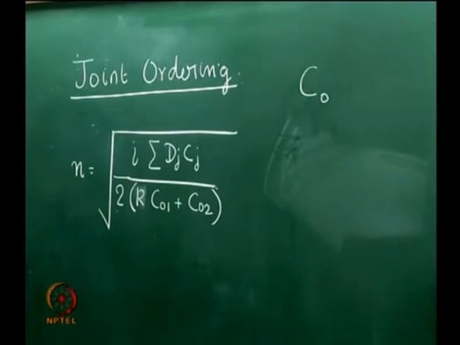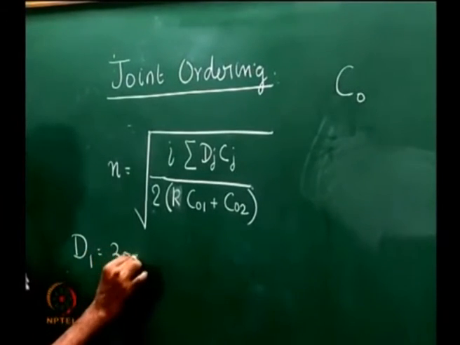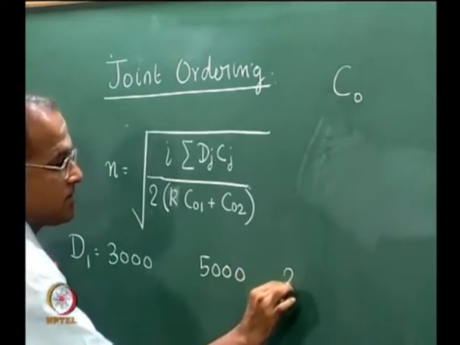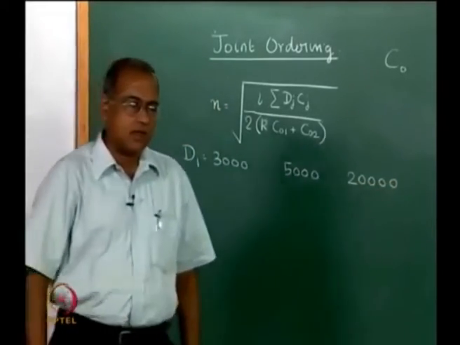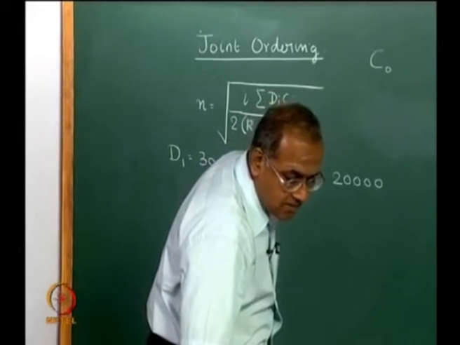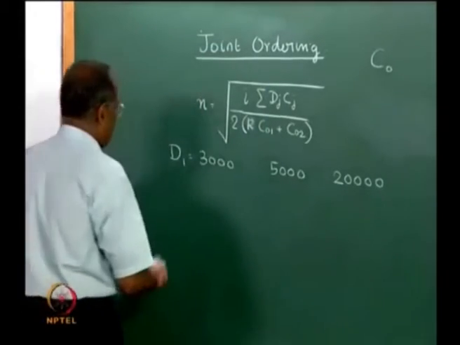Let us look at a situation where there are 3 items and the demands are 3000, 5000 and 20,000. We have the truck cost as 3000 and the admin cost as 1000.